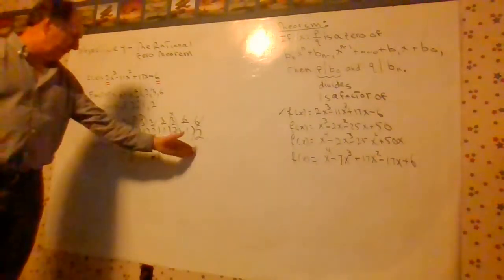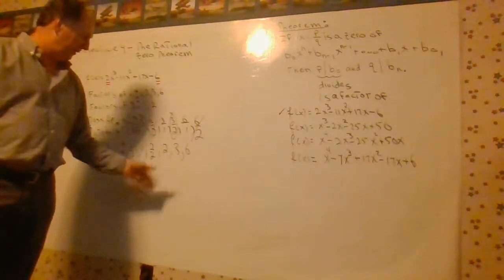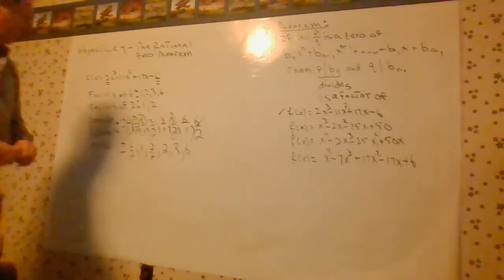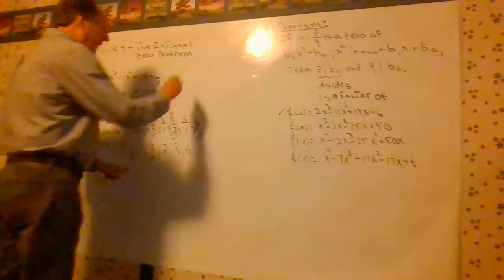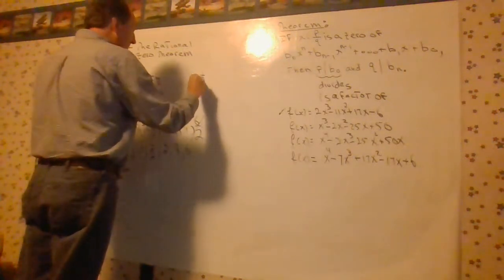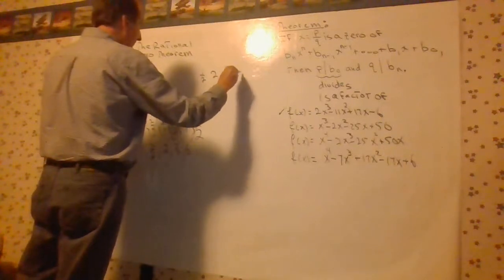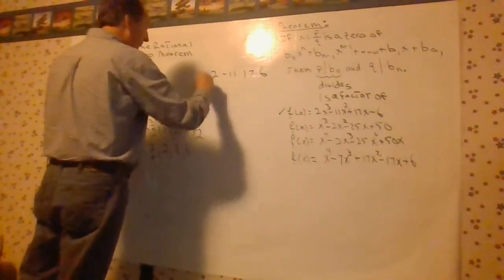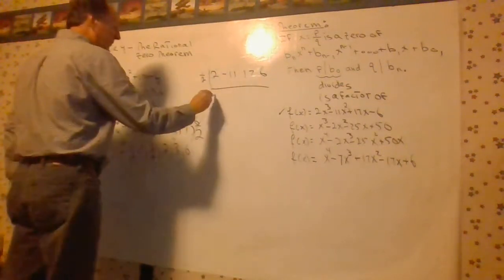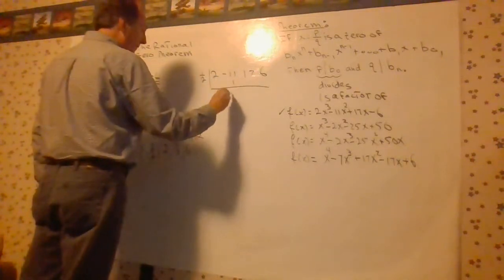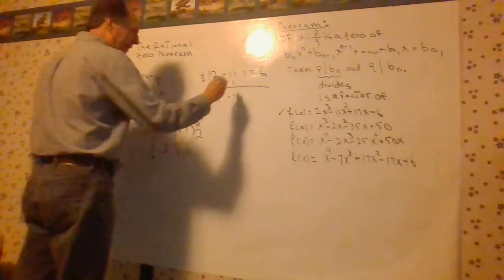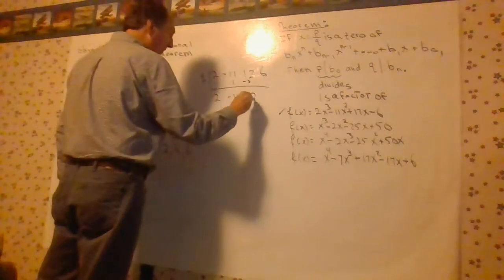You can start on either end. You can start here and work this way, start here and work this way. Doesn't make one bit of difference. I'm going to divide 1/2 into 2, negative 11, 17, negative 6. Bring the 2 down. Half of 2 is 1, negative 10. Half of negative 10, negative 5, 12.